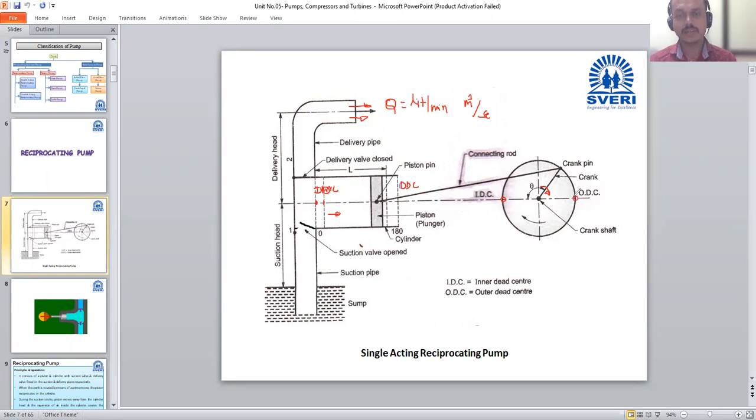When the crank is at 180 degree, the piston is at outer dead center. It means at this point. Correct? Get it? Yes, sir.